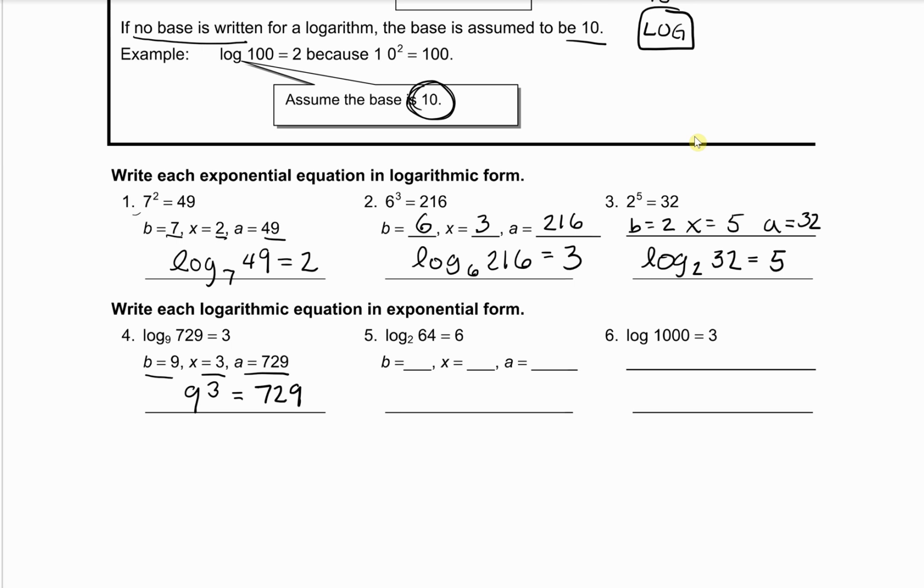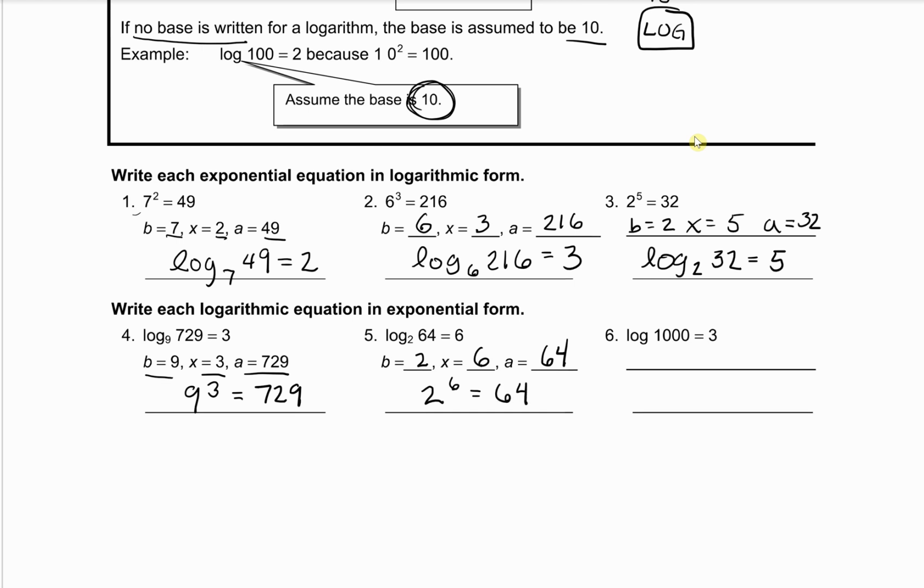Over here, log base 2 of 64 equals 6. My base is 2, my exponent is 6, and the corresponding value is 64. So this would be 2 to the 6th power is 64.